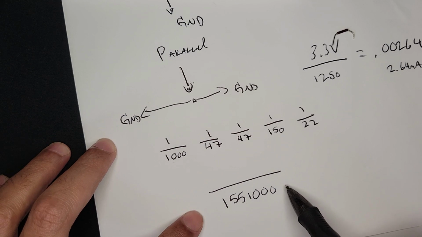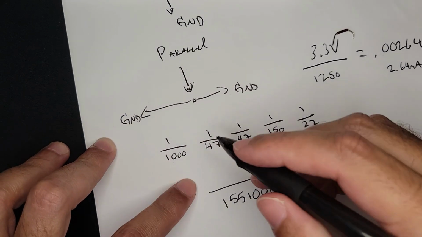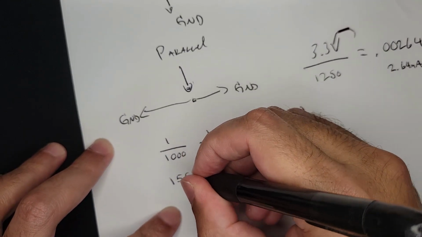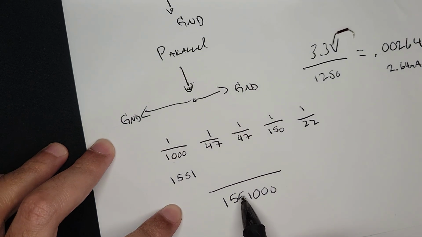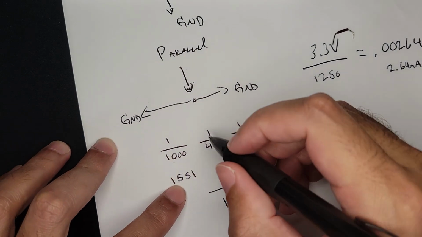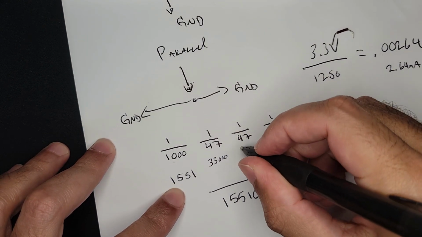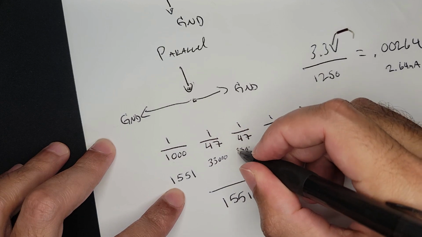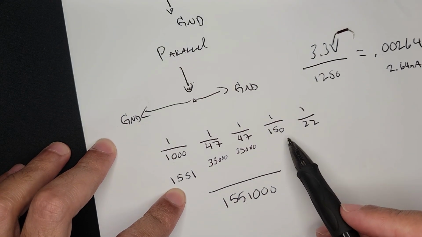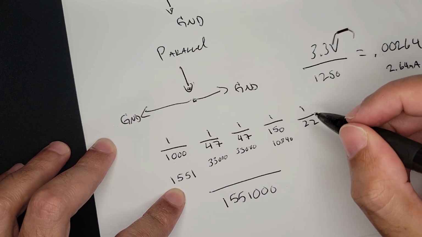So we have 1 out of 1000 becomes 1551 over this number. 1 over 47 becomes 33,000. And this one is also, of course, 33,000. And this is 10340.